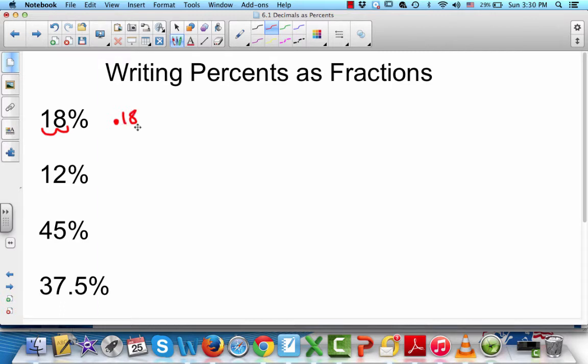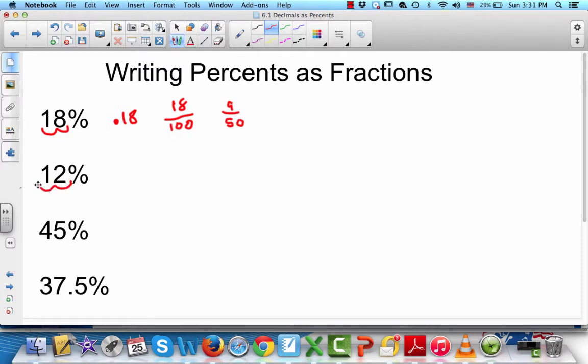This is tenths, this is hundredths, so this is 18/100ths. So we write 18/100. And now we've written it as a fraction. But you should always write it as a fraction in simplest terms. So 18 and 100 are both divisible by 2, so that gives us 9/50.